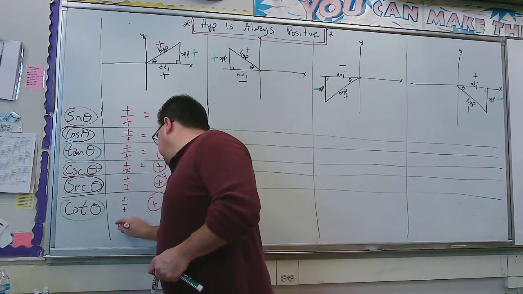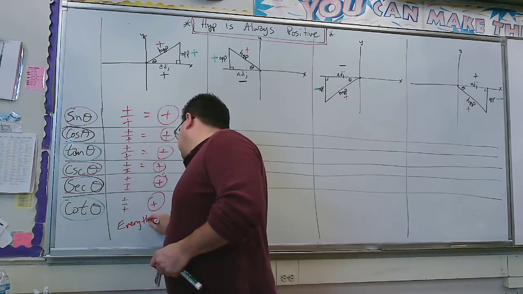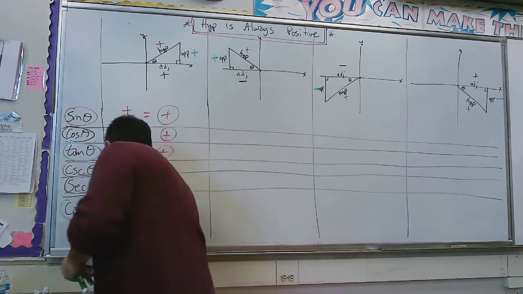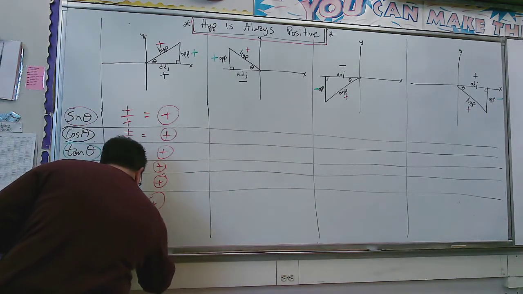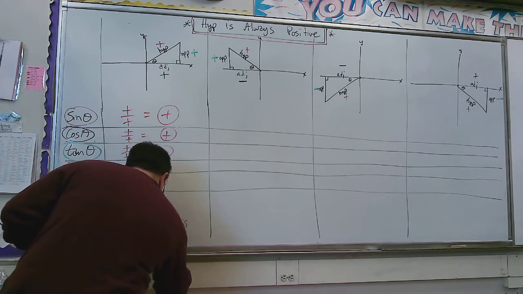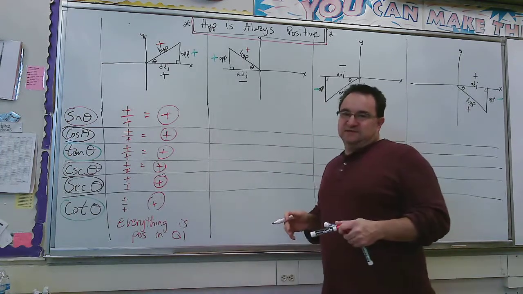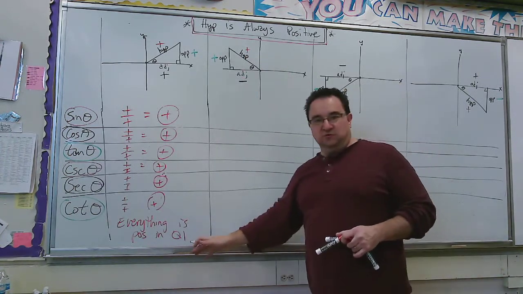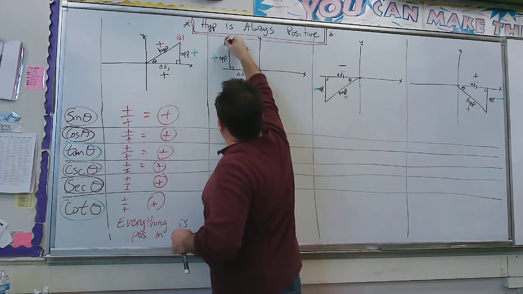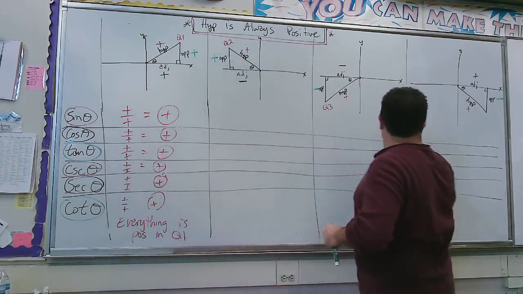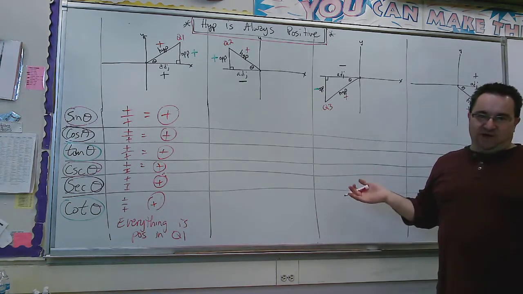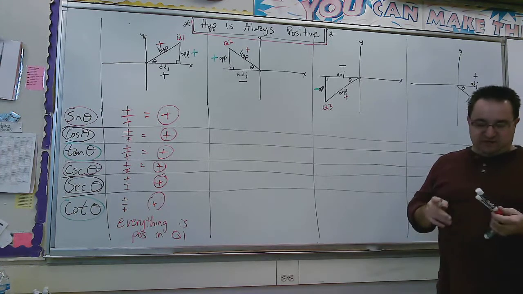So I could say, if the triangle is in quadrant 1, remember this is Q1, and then you go this way, this is Q2, this is Q3, and this is Q4, every trig function is positive in quadrant 1 because of the reasons I just laid out.